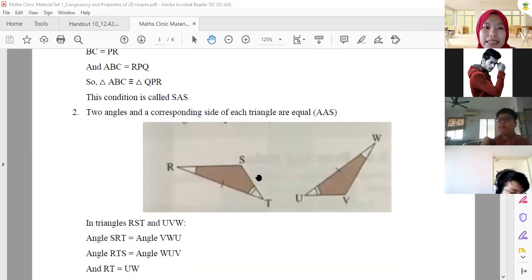Second one, no, this note is not in the EMS. I gave it to you in the beginning of the lesson, right? You didn't get it? This is the mathematics clinic material. Okay, I attach it one more time there in the Zoom group chat. Okay, no problem.